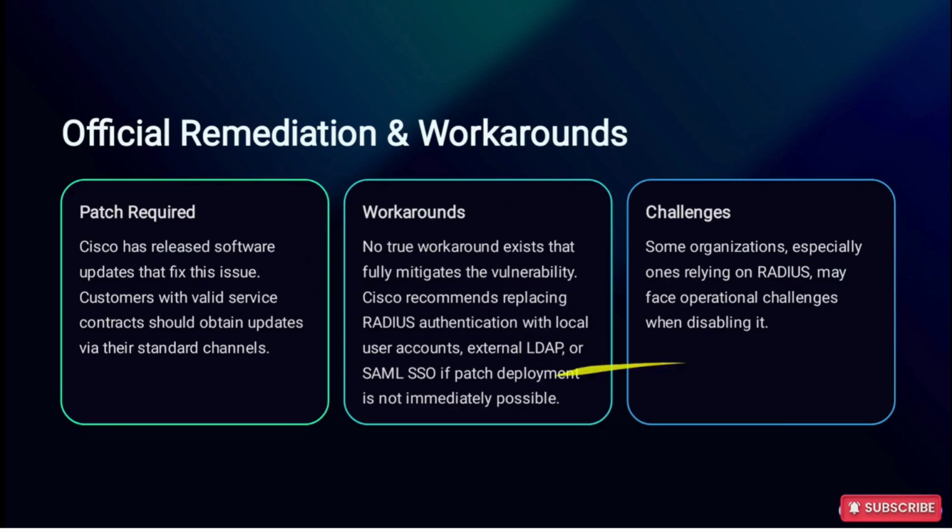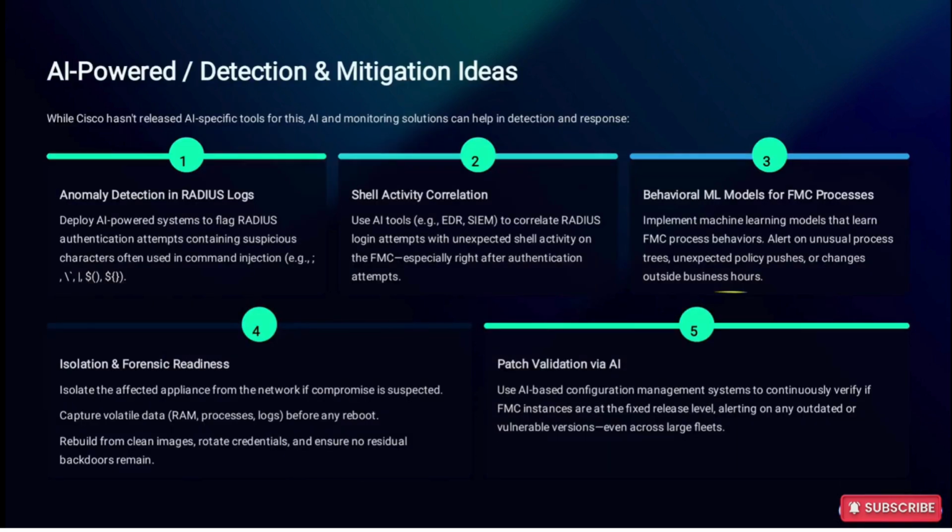Now, AI-powered detection and mitigation ideas. How can AI be implemented here? First is anomaly detection in RADIUS logs. Deploy AI-powered systems to flag RADIUS authentication attempts containing suspicious characters often used in command injections.